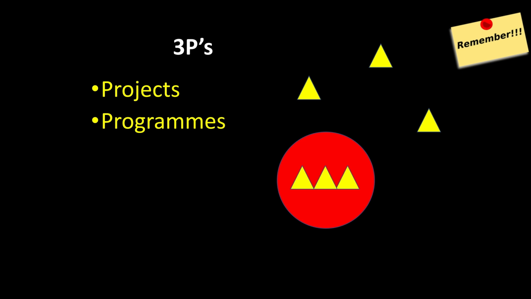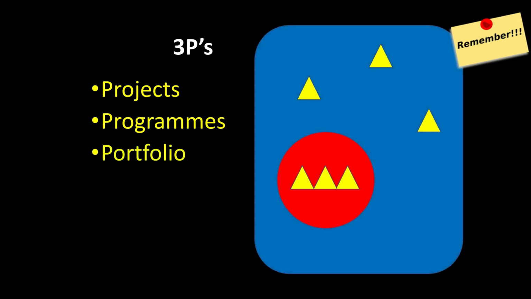We could take that up a level as well, and we could say that actually we're doing something even bigger than that as part of an even bigger thing, and we could have a portfolio manager who is looking after one or more programs that contains one or more projects, but also could contain individual projects themselves. So projects is generally the level that we're going to be working at, because that's why you're here.